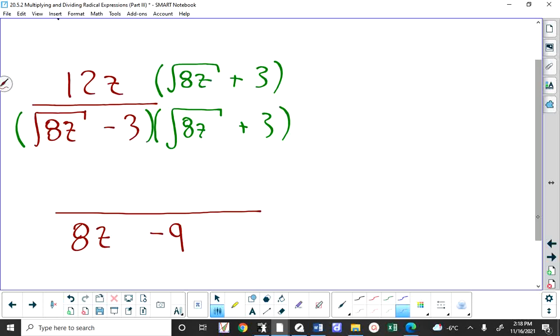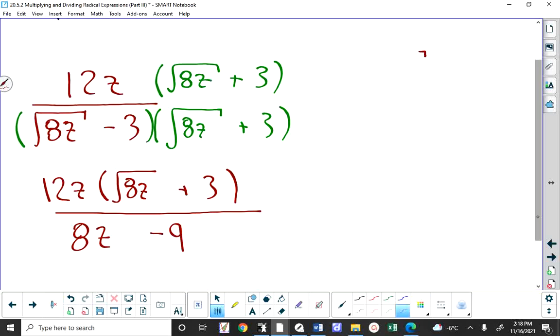You know, I realize, and I hope you realize, I should simplify the root 8 on the top. But if I simplified it on the bottom, it would just get uglier and uglier. It would get messier. On the top, I have 12z times root 8z plus 3.